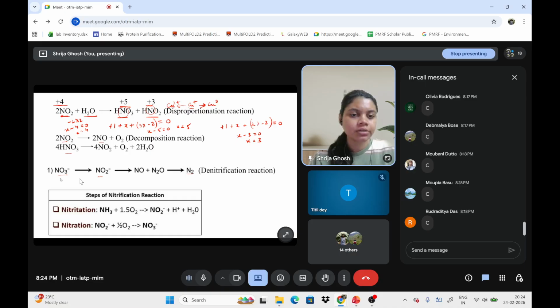Can anyone write in the chat box? Do you know how to calculate? I just told you how to calculate oxidation state. Anyone?